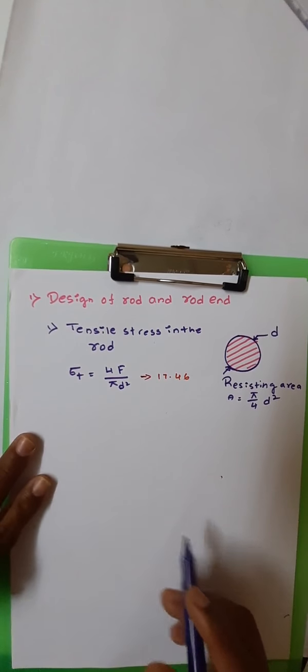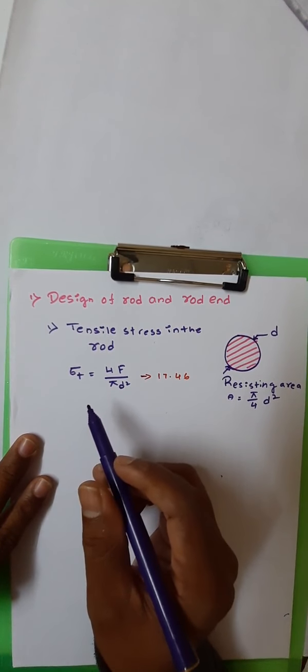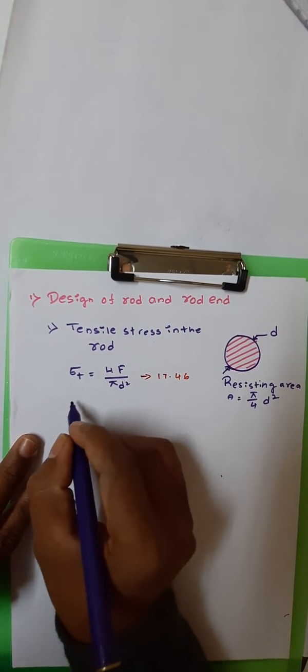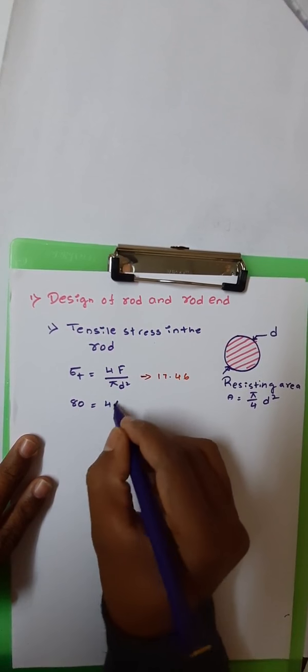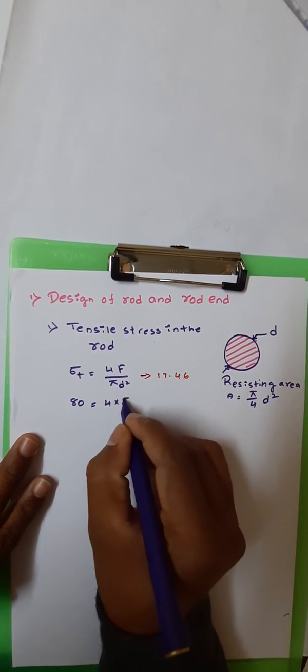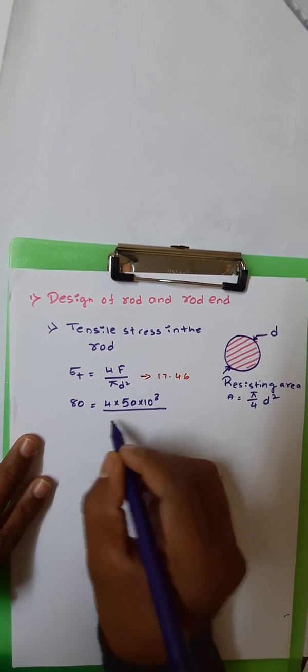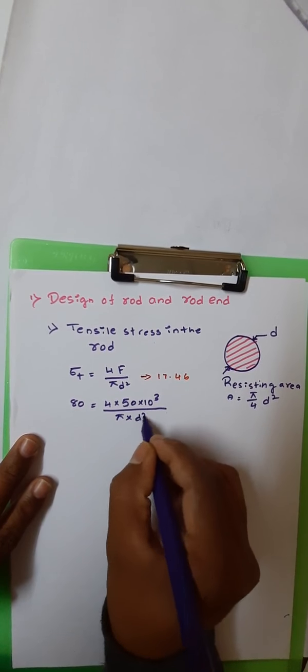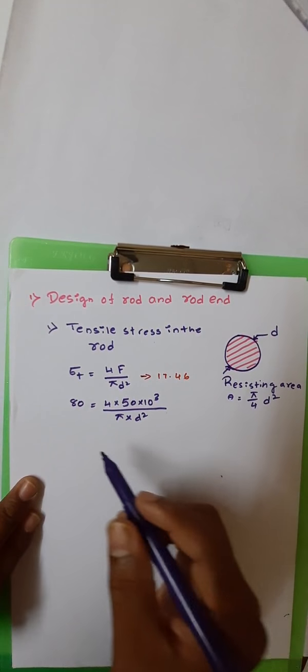We know the value of sigma t, which is given in the problem, that is 80 Newton per mm square, is equal to 4 into F, that is 50 into 10 to the power 3 newtons, divided by pi into d square. This is the diameter of the rod.